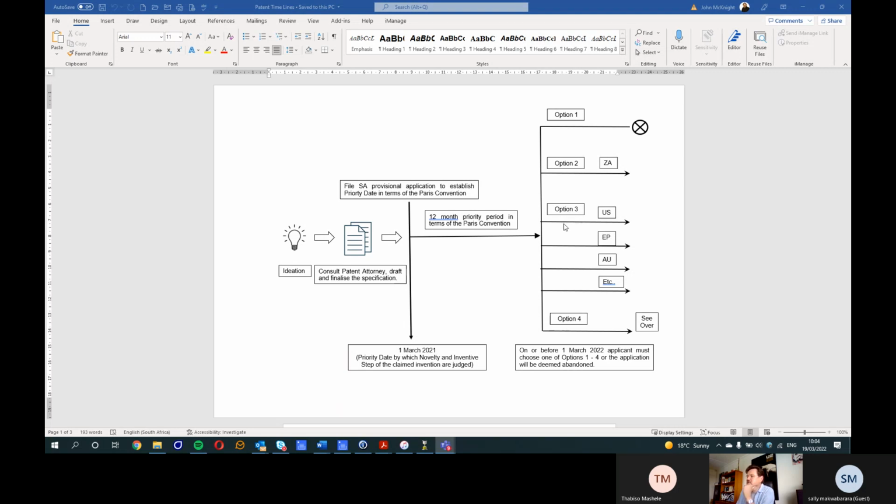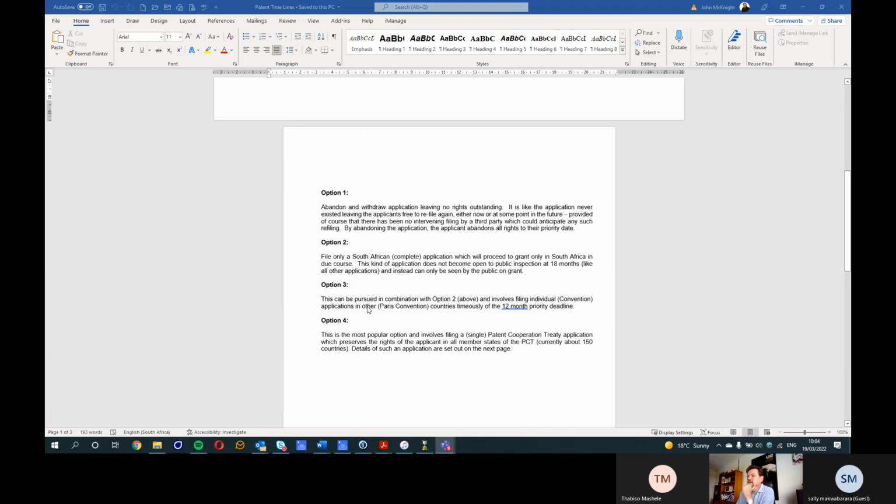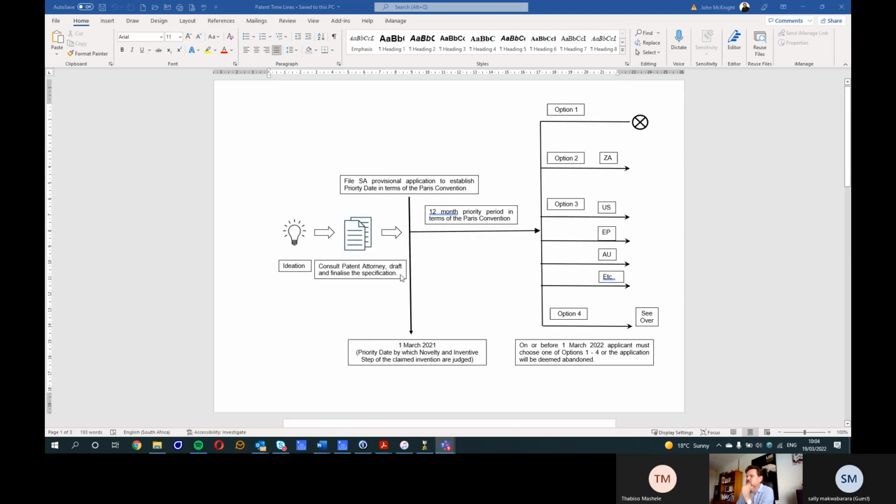Okay. So that's option 3. Option 3 can be pursued in combination with option 2 above and involves filing individual or convention applications in other Paris Convention countries, timeously of the 12-month priority deadline. So you just go straight from the South African provisional within 12 months, you file straight in the US, straight in Europe, Australia, and it's all got to be done within 12 months.